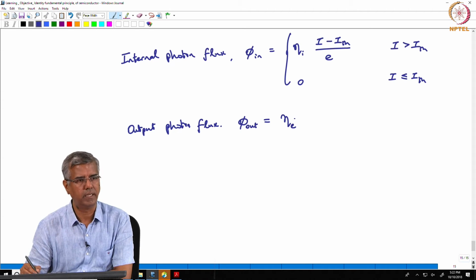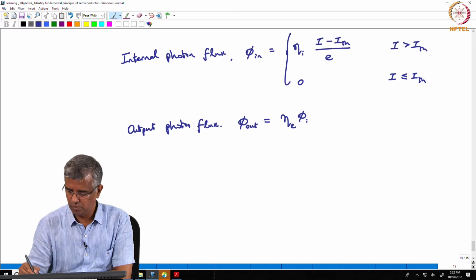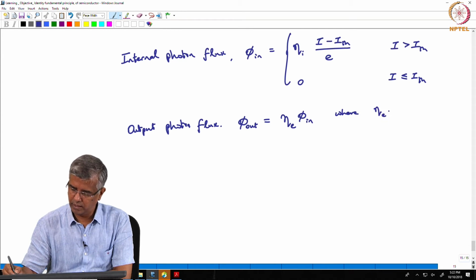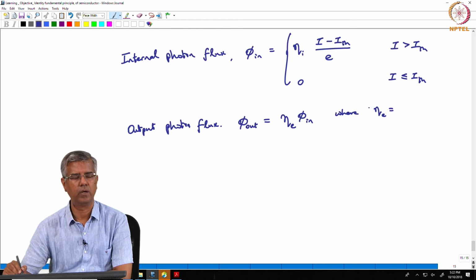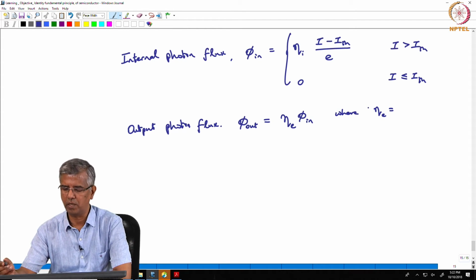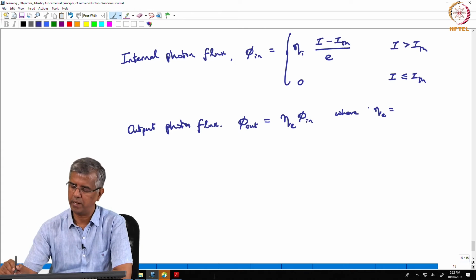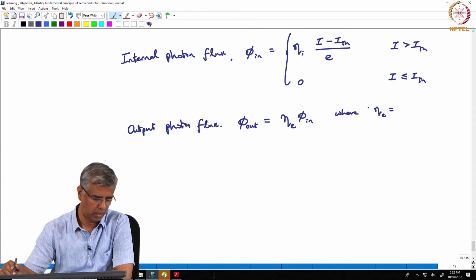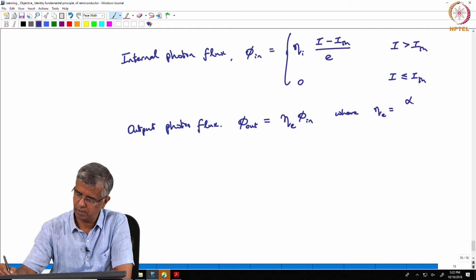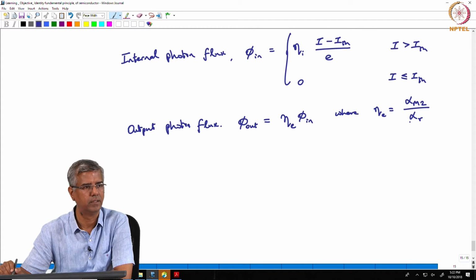We are calling that eta E times phi in, where eta E corresponds to, if you are looking at the power coming out of mirror 2, then that is alpha M2 divided by alpha R, right.